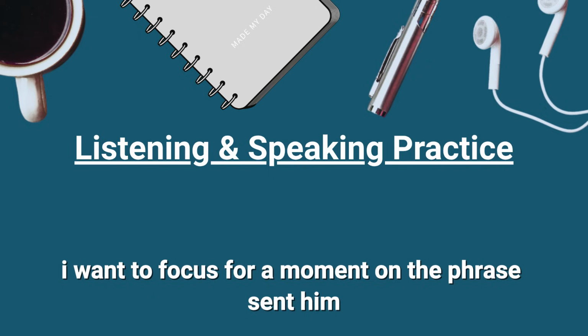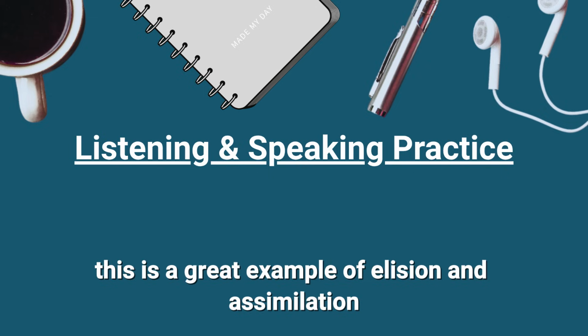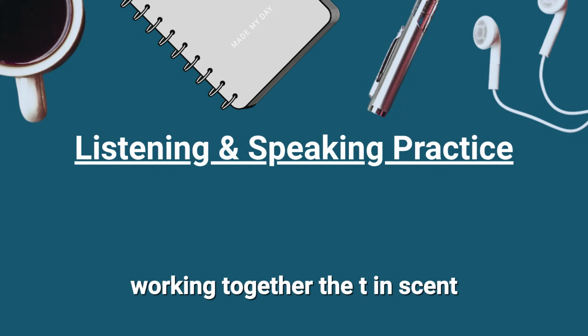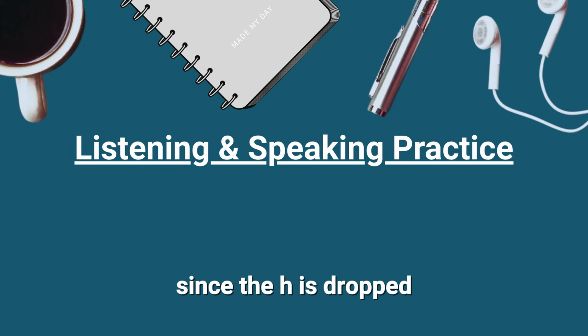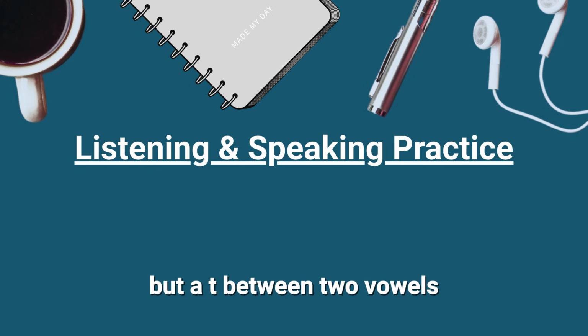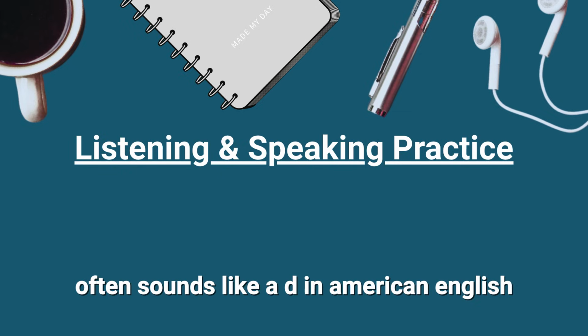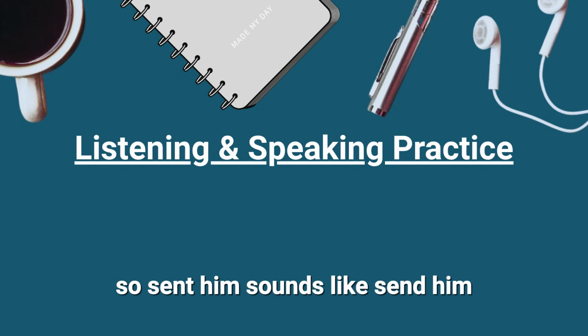I want to focus for a moment on the phrase "sent him." This is a great example of elision and assimilation working together. The T in "sent" wants to connect to the vowel sound in "him," since the H is dropped, but a T between two vowels often sounds like a D in American English. So "sent him" sounds like "send him."